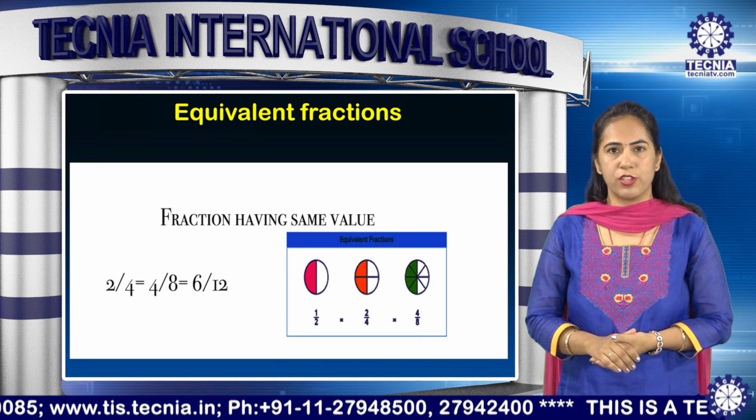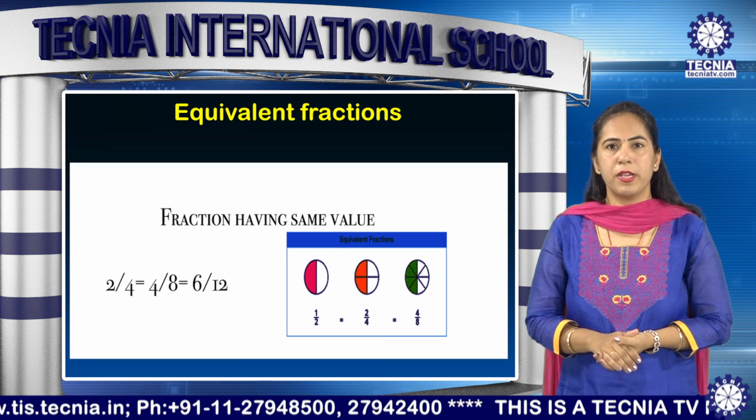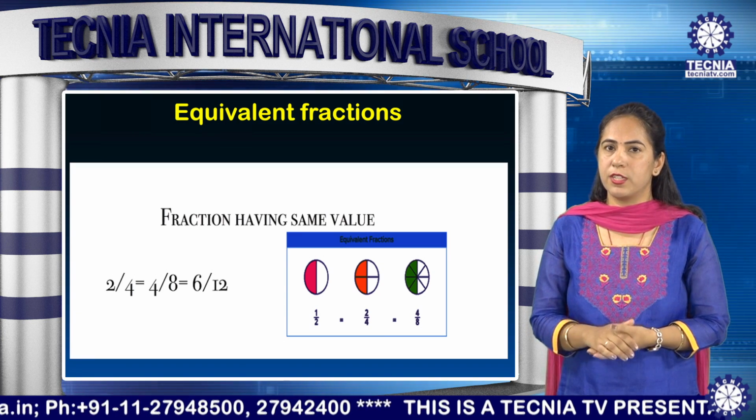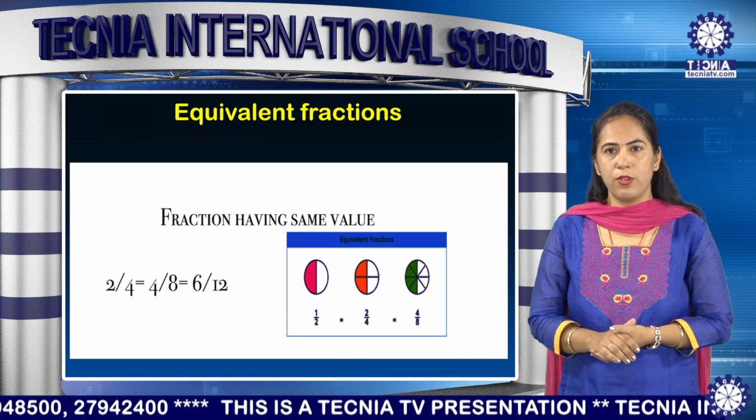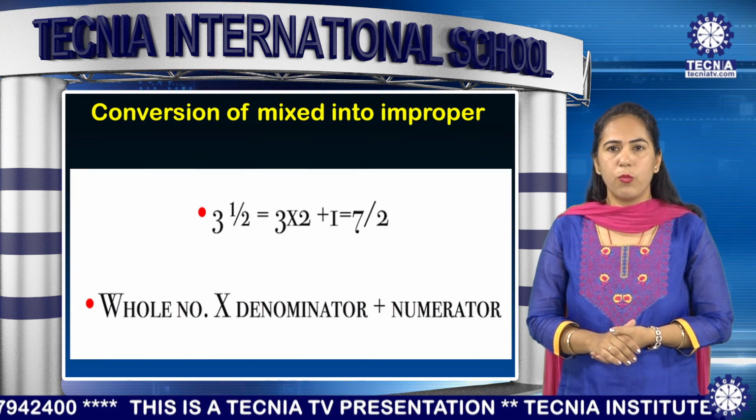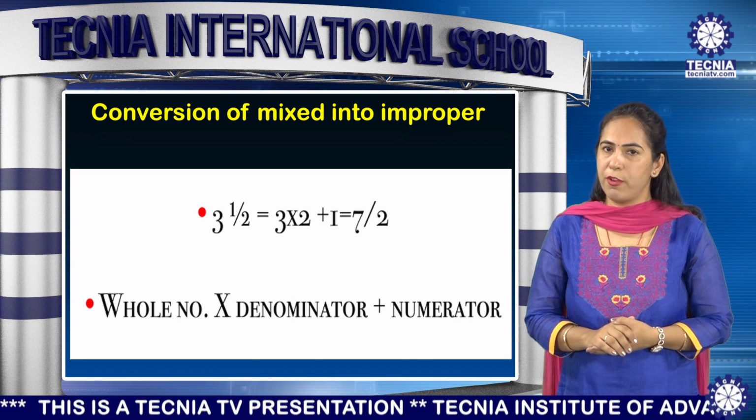The value of an equivalent fraction does not change. Also, by dividing the numerator and denominator by the same non-zero number, we can obtain an equivalent fraction with the same value.